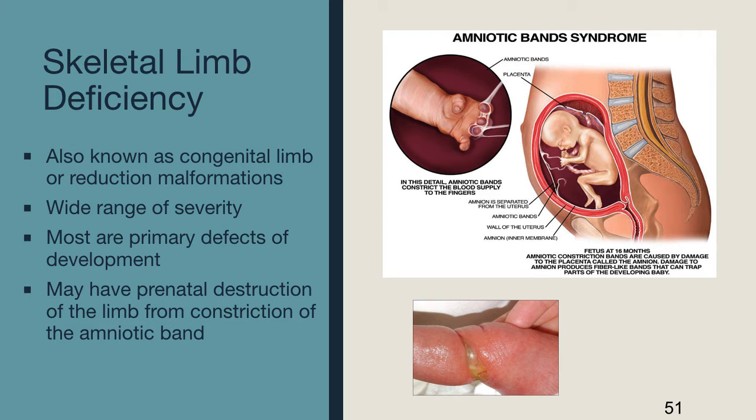Take a look at somebody's wedding band finger sometime, and you'll see that that area actually is smaller than the opposite hand where the person doesn't wear their wedding band. So same idea here. And you can see how that band has made a little groove in that arm. And in this particular case, it hasn't resulted in the loss of the limb, but it can result in a loss of a limb.